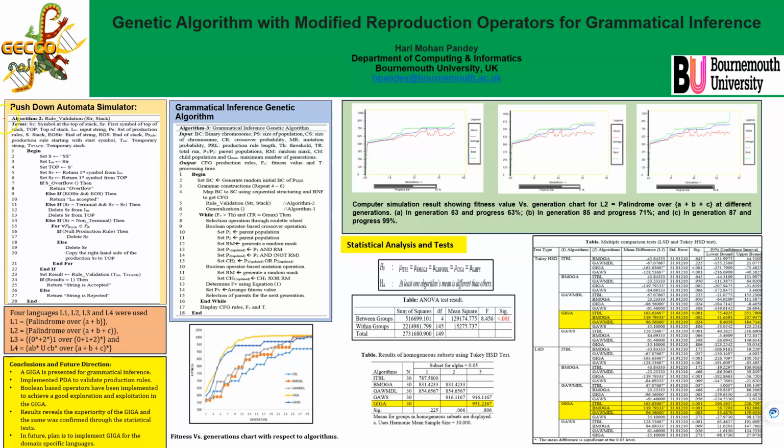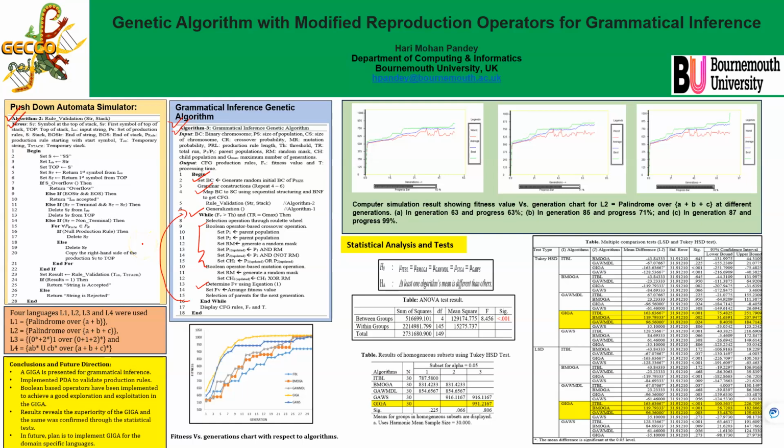So for the first phase I implemented this algorithm, and for the second phase I implemented this algorithm. This is for grammatical inference using genetic algorithms. So initially binary chromosomes have been generated, then mapping, creating symbolic chromosomes, then running the genetic algorithm, applying reproduction operations, determining the fitness function value, and repeating the process until the termination condition is met.